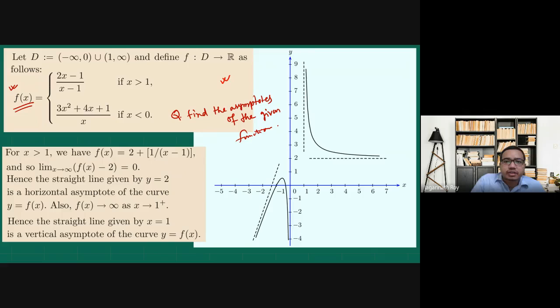If you look at the first part of this function, for x greater than 1 we have 2 plus something; we are just separating.